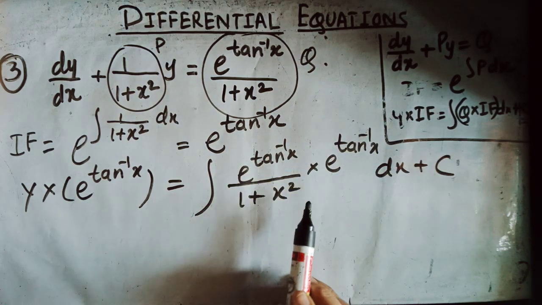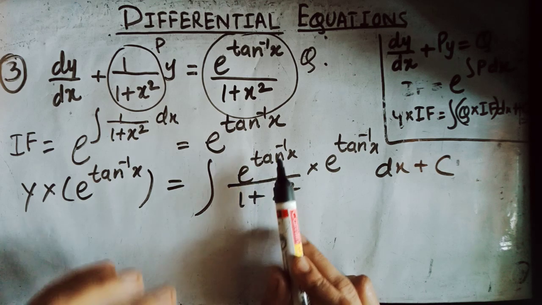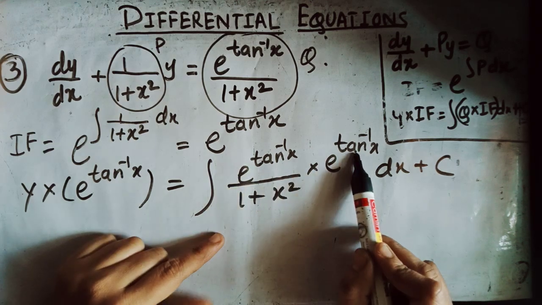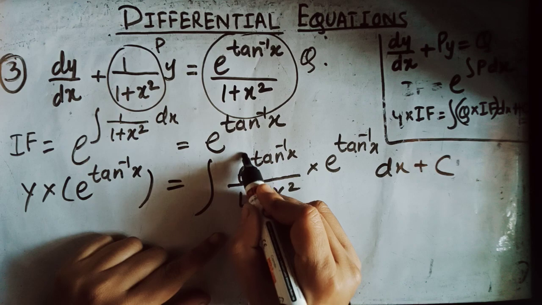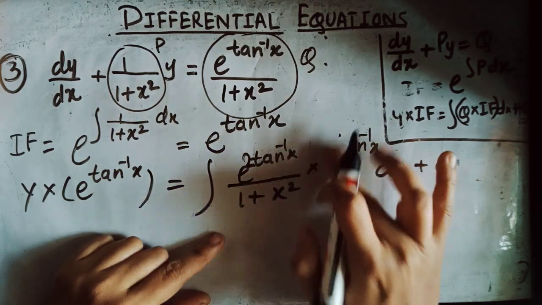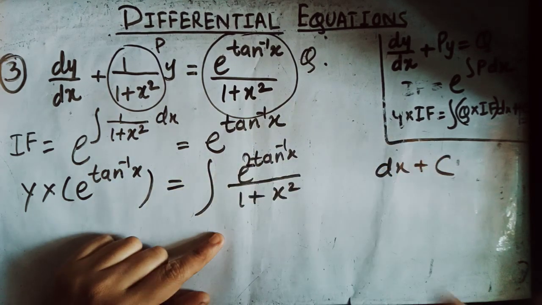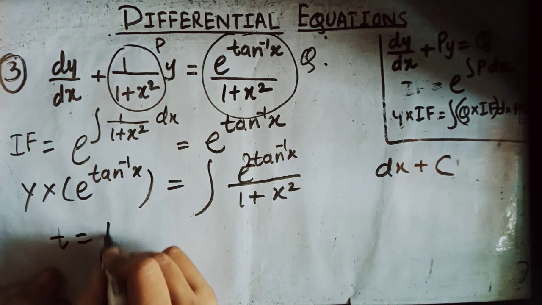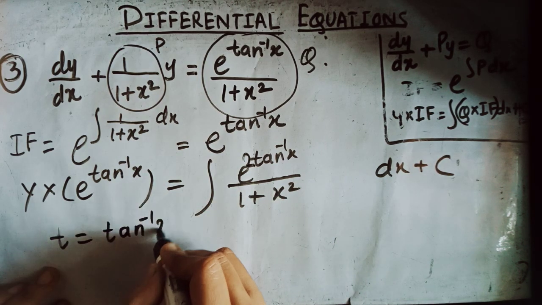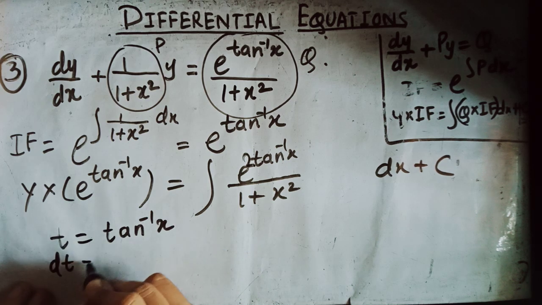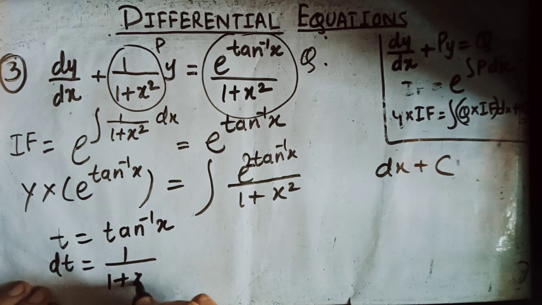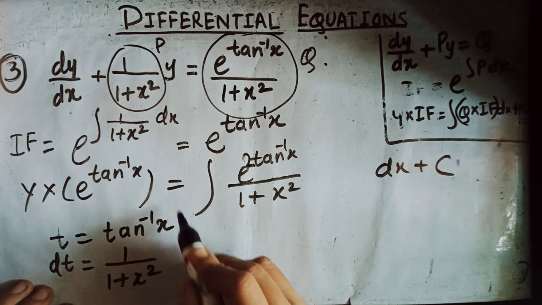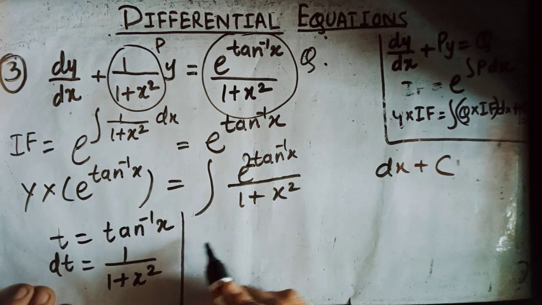Now I'm writing e raised to tan inverse of x and e raised to tan inverse of x as e raised to 2 tan inverse of x. I'm taking t as tan inverse of x, so dt will be 1 upon 1 plus x square dx. Let's substitute in this.